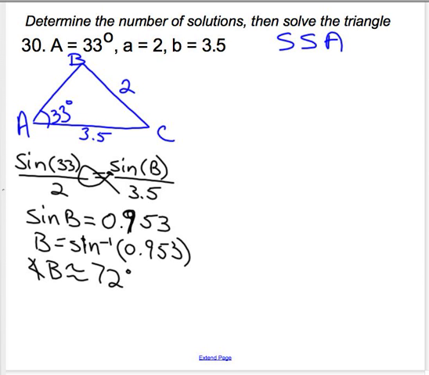Well, if angle B is 72 degrees, I can use that along with the 33 degrees from angle A to find angle C. I do 180 minus 33 minus 72, and angle C is about 75 degrees. Well, the only thing I have to figure out now is side C. I found angle B, I found angle C. All three angles have to add to 180, so I got to see if I can find how long side C is.